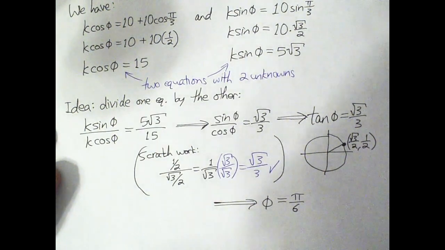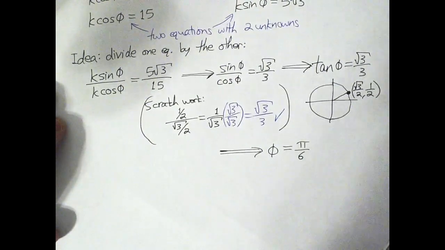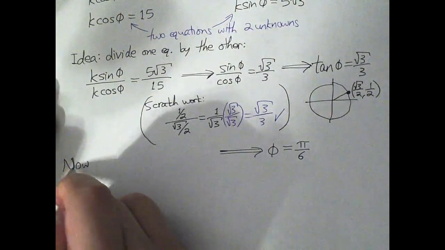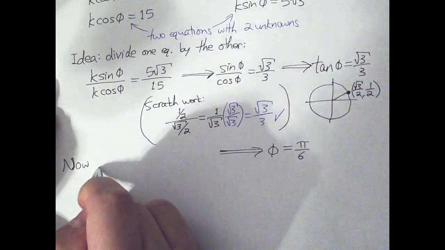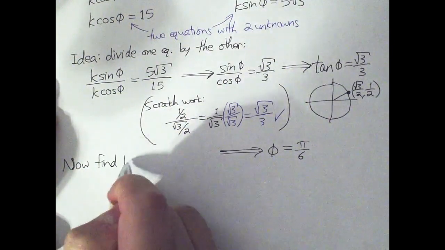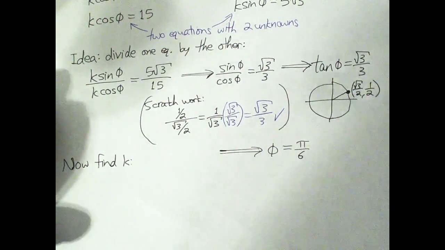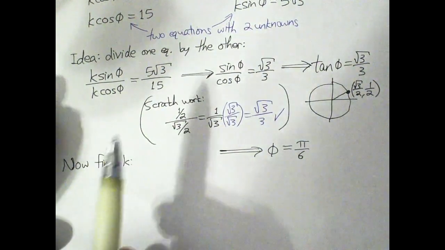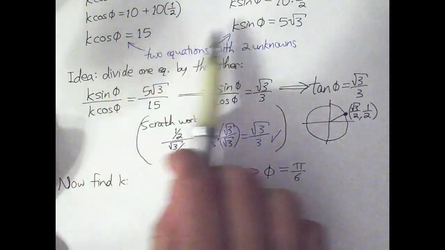Now, going back to what this problem said, it said find constants k and phi. We just found one of them. Can we find k now? Yeah, usually in math, if there's two things you're solving for, once you find one, finding the other one is not so bad, right? So we have our choice of two equations.